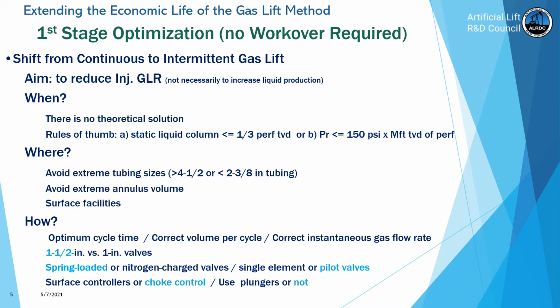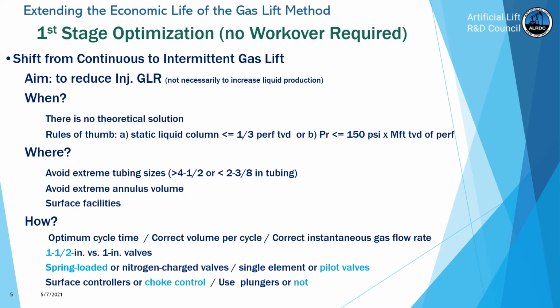So the problem with very large tubing diameter is that we're going to need also a very high instantaneous injection gas flow rate through the valve. We might be able to inject all the volume that we need, but the problem is how can we inject that volume in precisely the period of time that is needed for the liquid slug to reach that velocity.